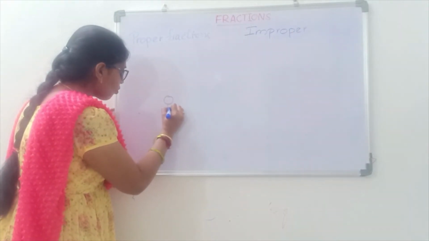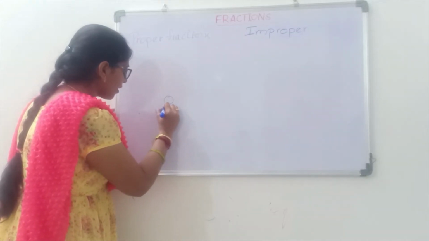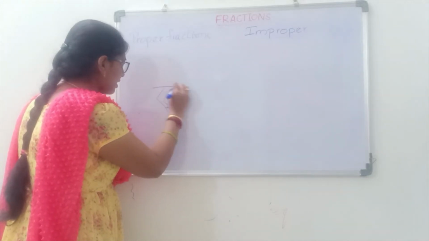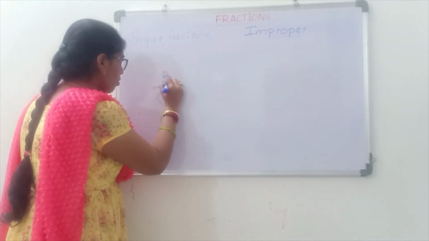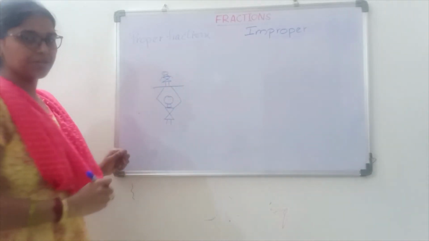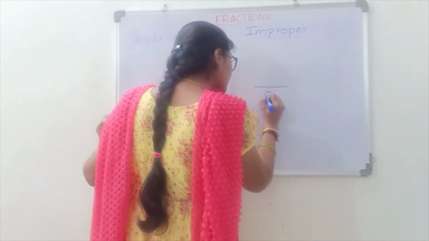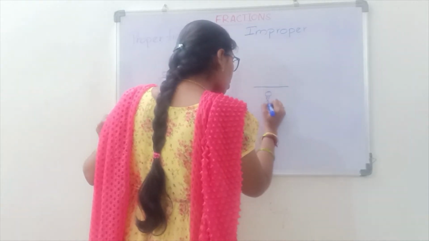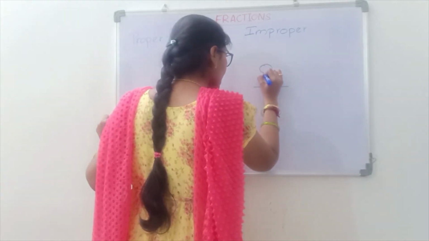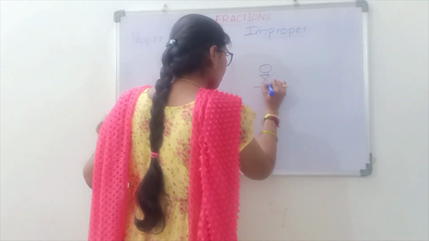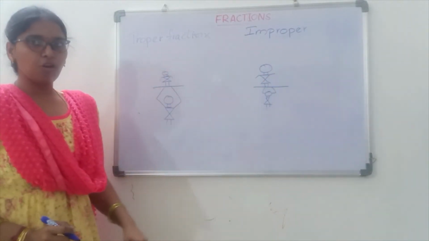Children, there is one boy and he is carrying one small boy on his head. Consider another figure. There is one small boy and he is carrying one big boy on his head.